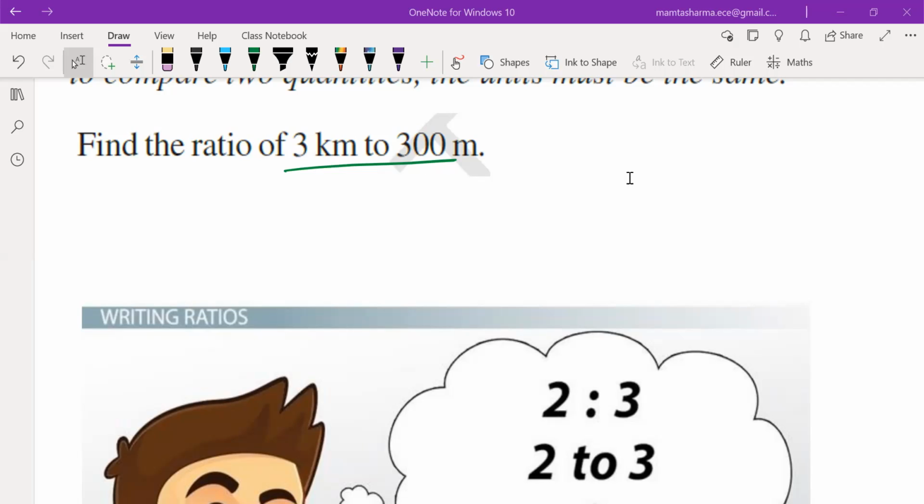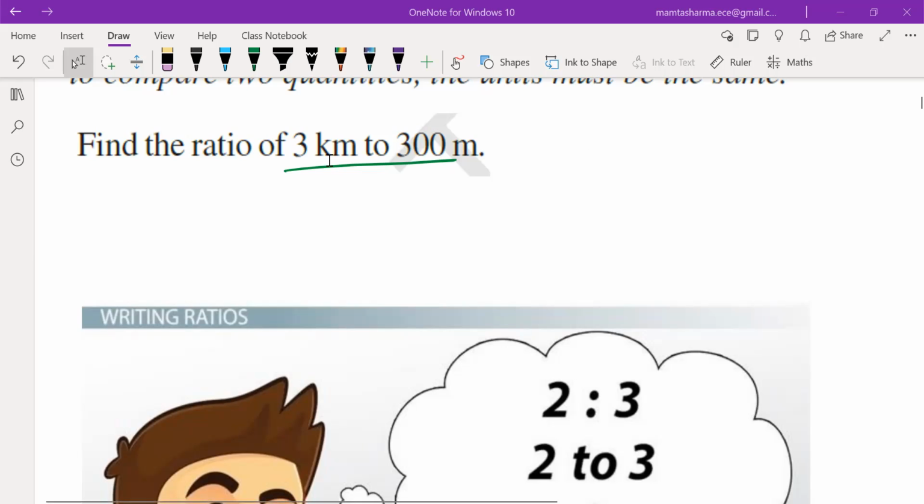Gohit, it's not correct. You are doing the common mistake.